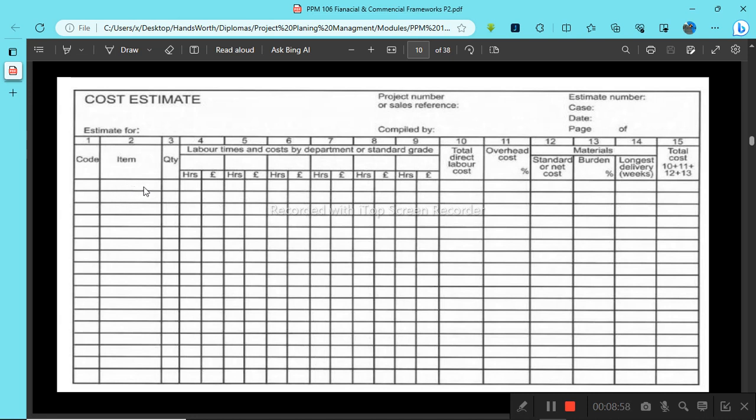Okay, and then we indicate the quantity. The quantity will be maybe 100 customers in this given day. Then we begin to charge per hour, this is how much will be given. For each of these hours, they are being represented by different employees.